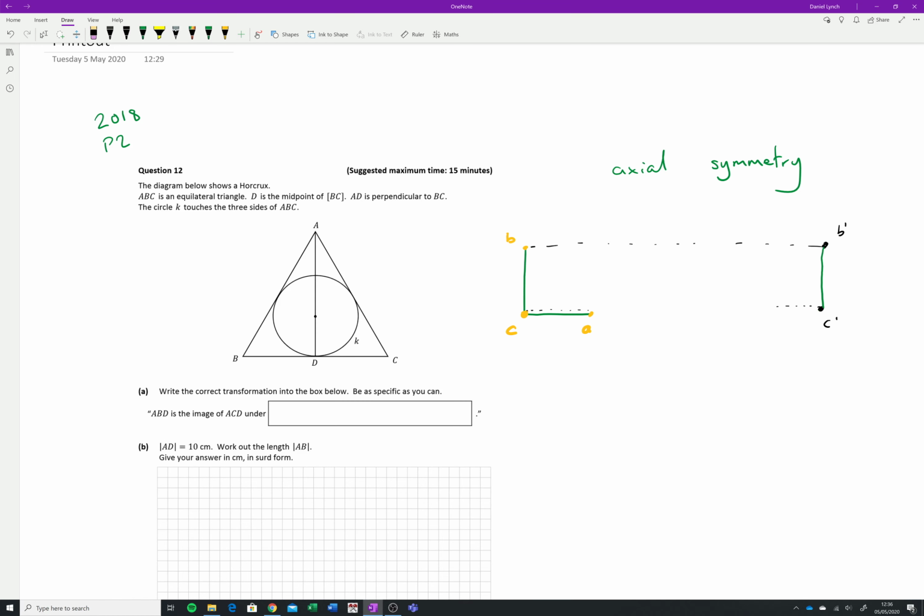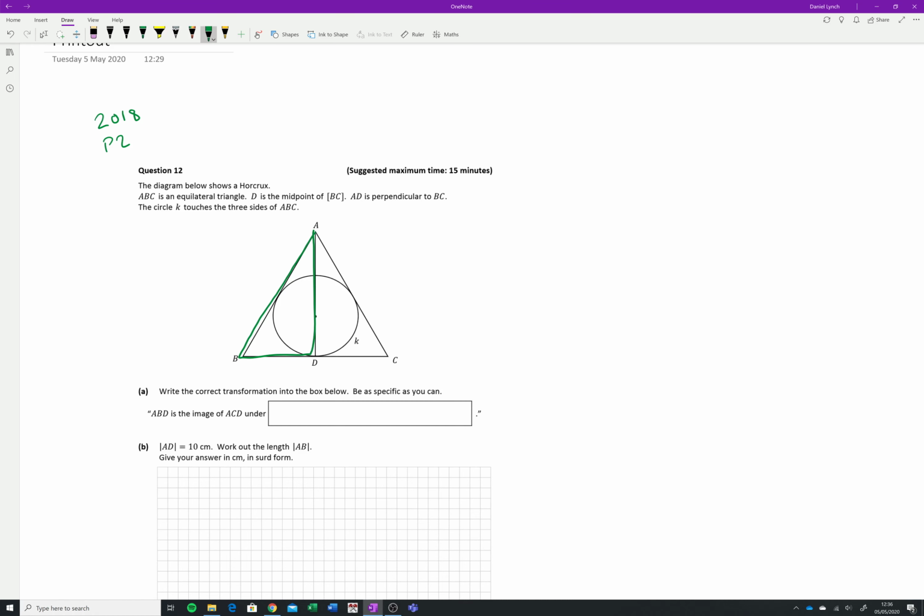Let's answer some of these questions here. It's asking us that ABD, this thing here, maybe we should pick it in green just to make it obvious, this triangle here, is the image of ACD under what?